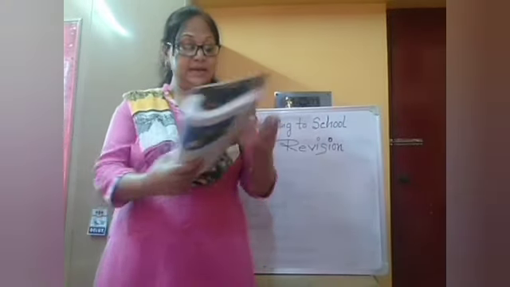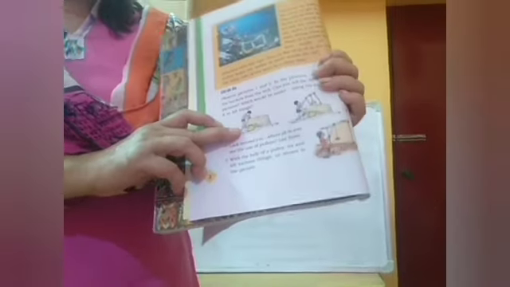Now here are given 2 or 3 pictures. In the first picture, a boy is pulling water from the well, and how is this boy drawing the water from the well? Manually he is drawing water from the well, and it will take a lot of effort.